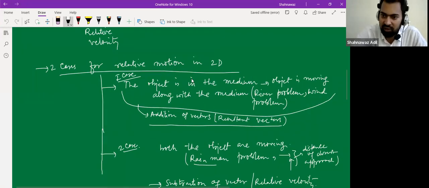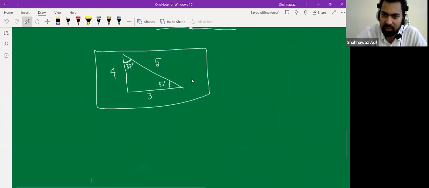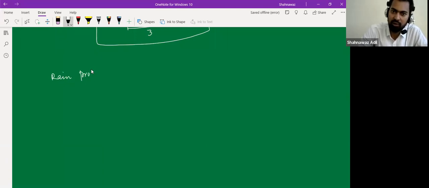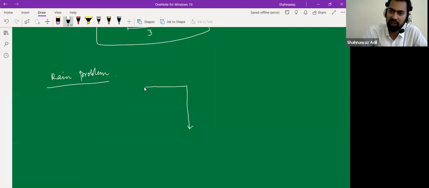So one is the river umbrella problem. Okay. The rain is falling like this. Okay, so the rain is falling like this, and the person is moving like this.